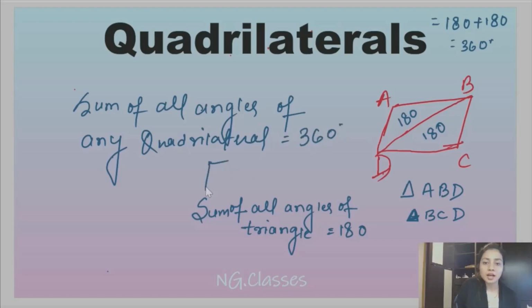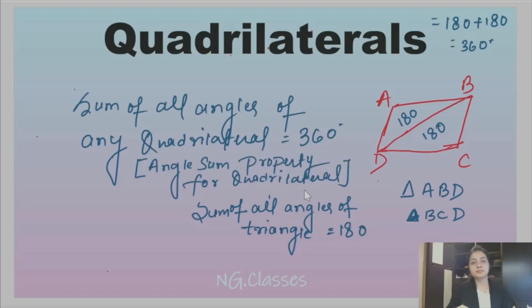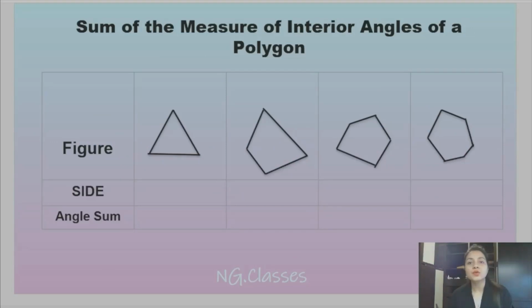And this is the angle sum property for a quadrilateral. Okay. Now we know what the angle sum property of a quadrilateral is, or the sum of all the interior angles of any quadrilateral. But what about other polygons, that is, pentagon, hexagon or any other polygon?